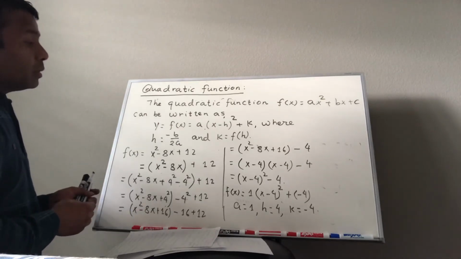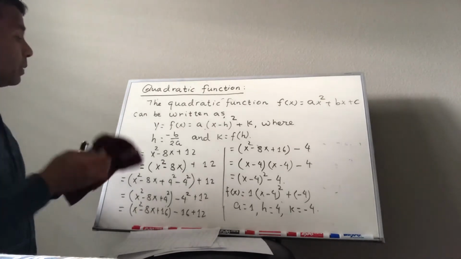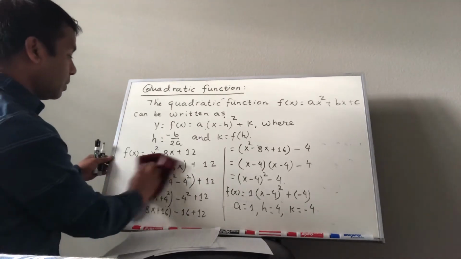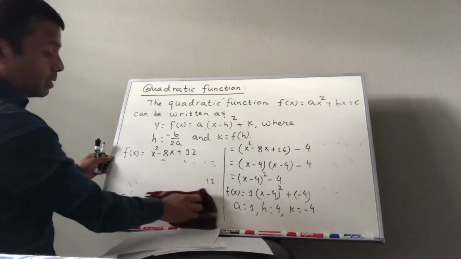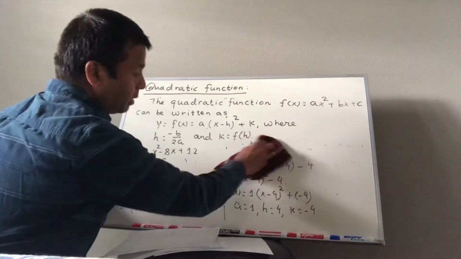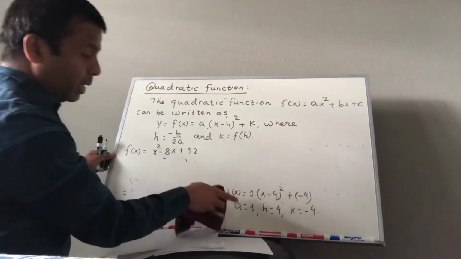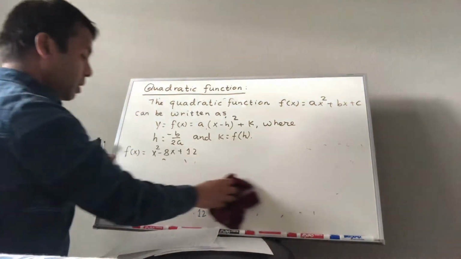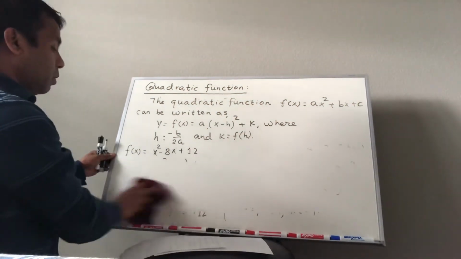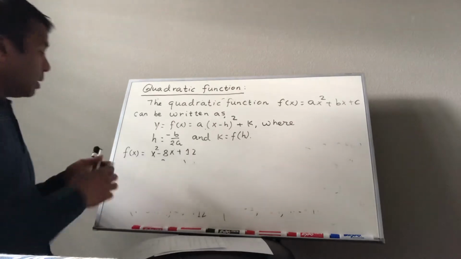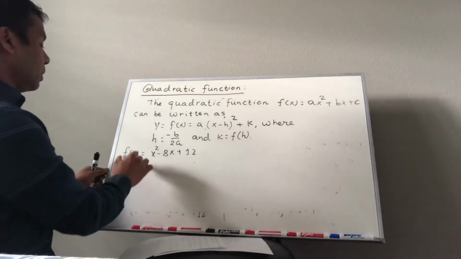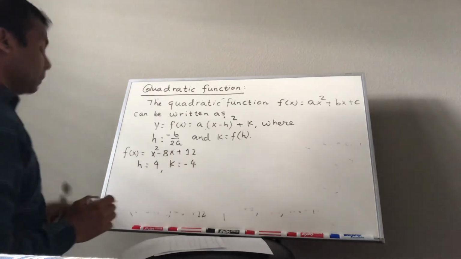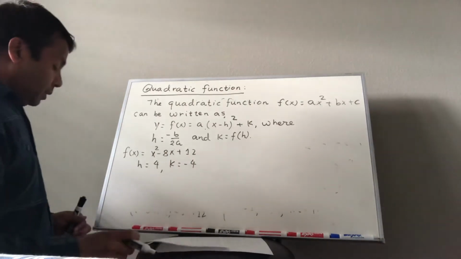So for the graph of this function, let me erase this, and I got the value of h equal to 4 and k equal to negative 4, right? So h equals 4 and k equals negative 4. So I got this, right?